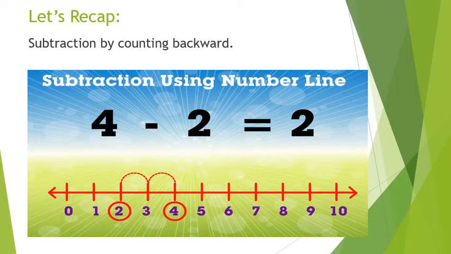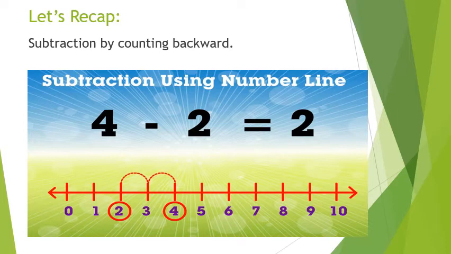First number, that is 4. Can you see? It is already circled with red color in the number line. Minus 2. And then you have to jump 2 steps backward. That is from 4 to 3, from 3 to 2.